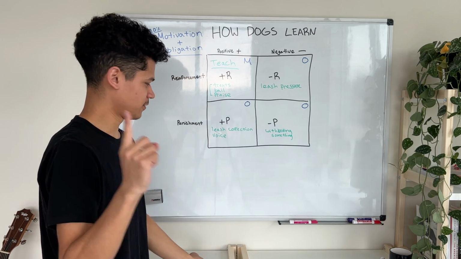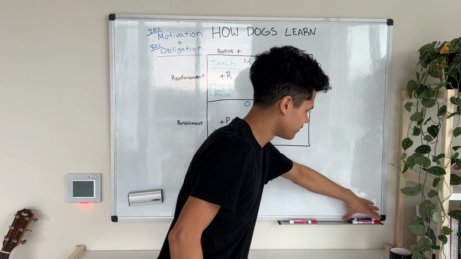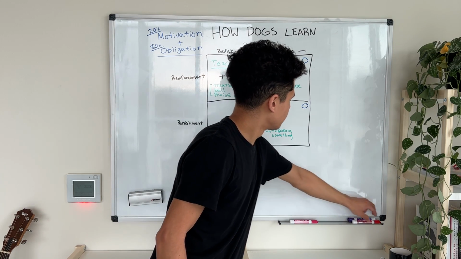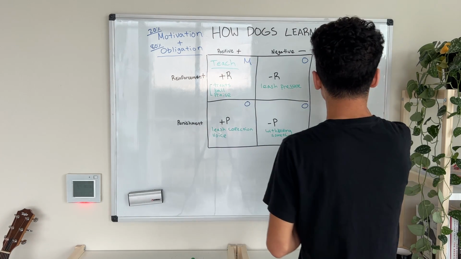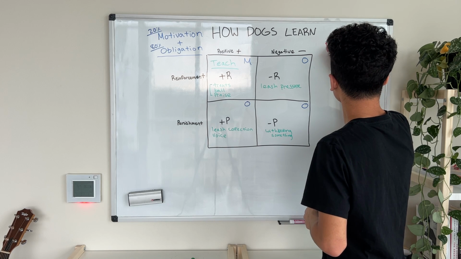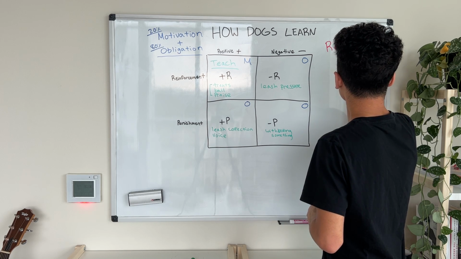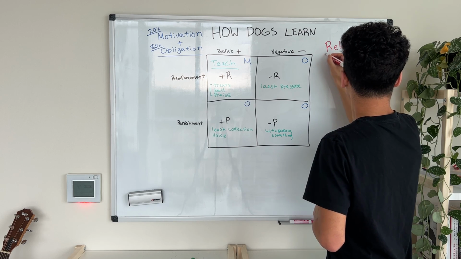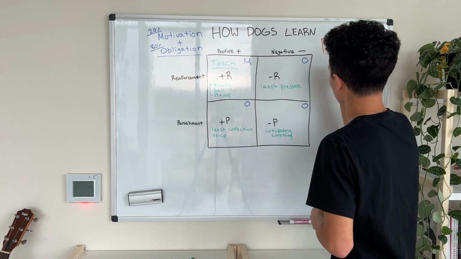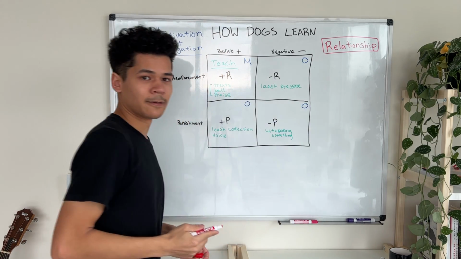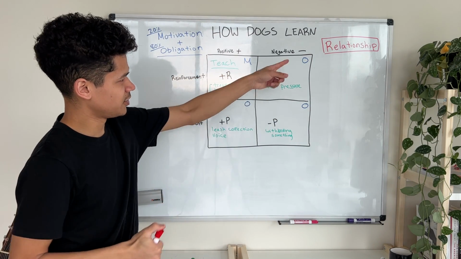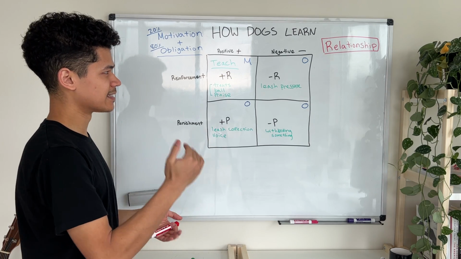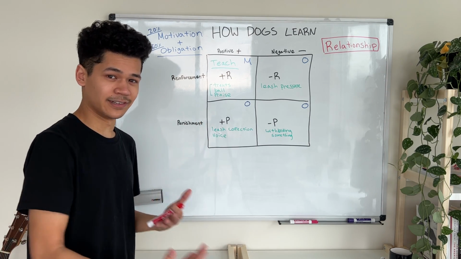But there's one more very important thing that doesn't fit in this box at all. And that is the relationship. So your relationship is not something that you actively train. It's kind of a way of living with your dog.